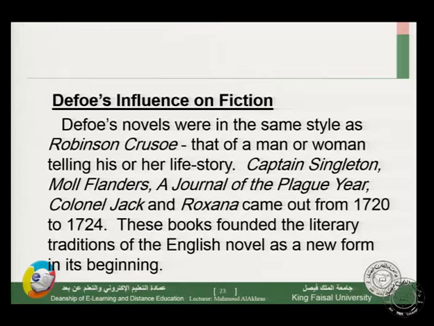We have Captain Singleton, Moll Flanders, A Journal of the Plague Year, Colonel Jack, and Roxana, which came out from 1720 to 1724. These books founded the literary traditions of the English novel as a new form in its beginning. So we have a kind of foundation of this kind of writing, which is the novel.